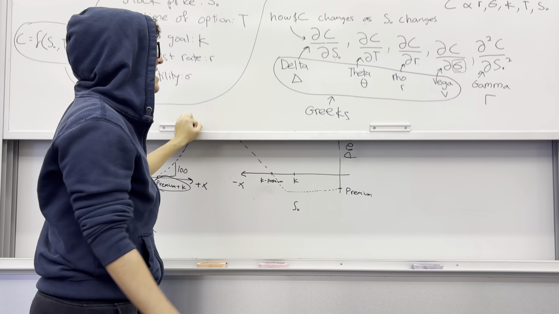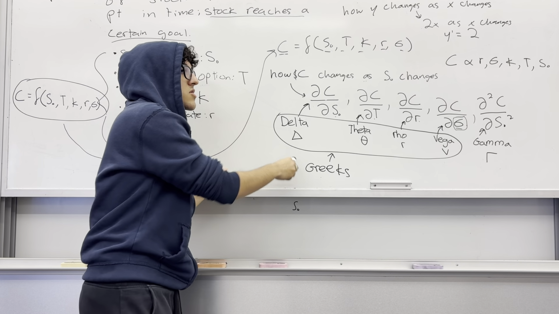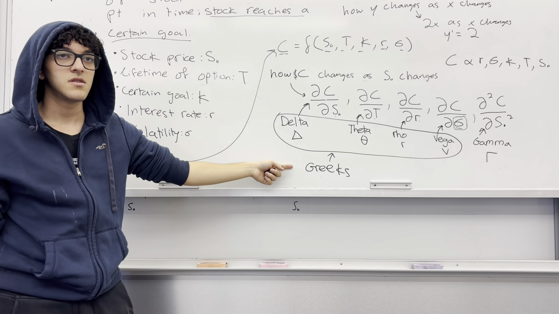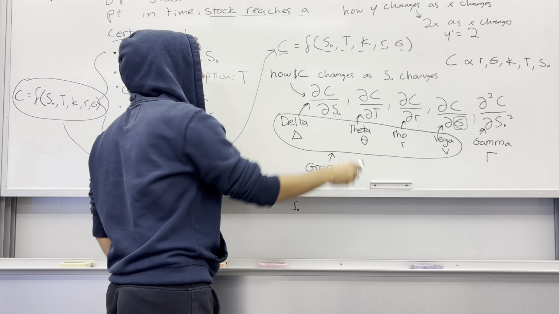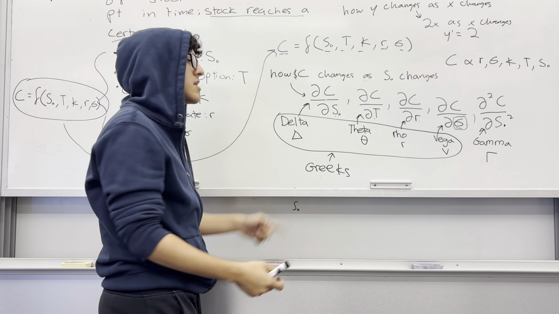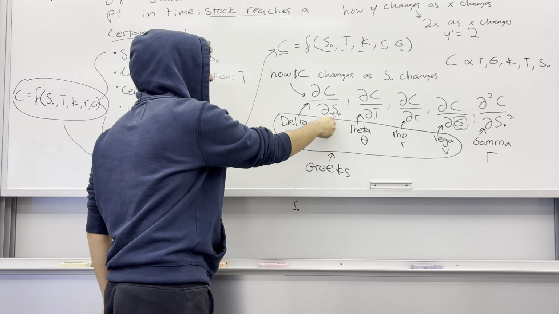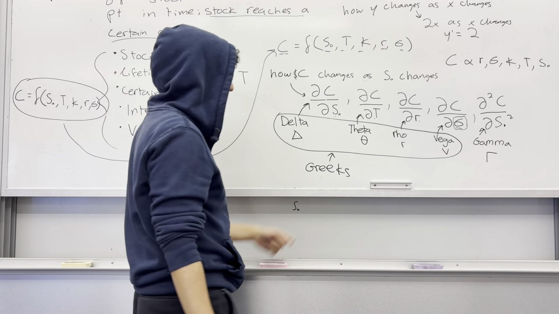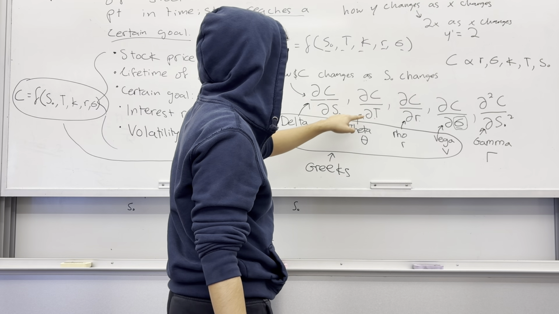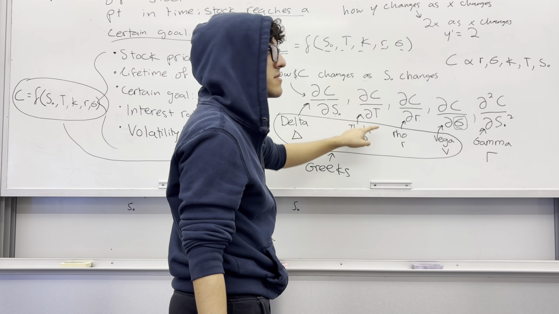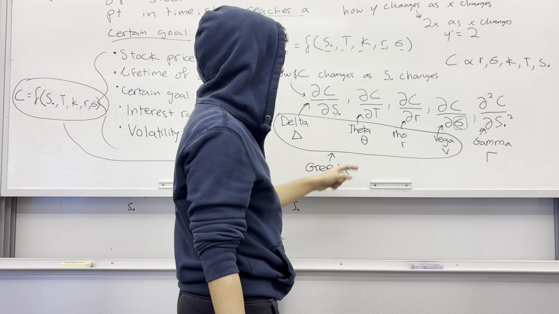Does everyone understand these? I feel like we didn't go over them enough. So delta is the change in the call or put as the stock price changes. Theta is the change in the call as the time changes.